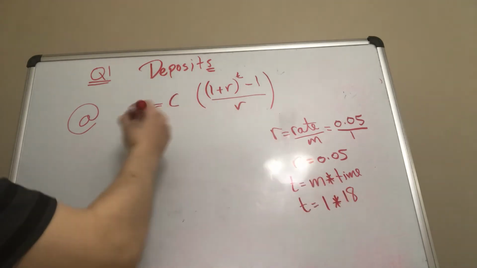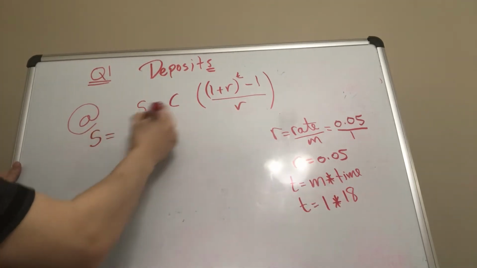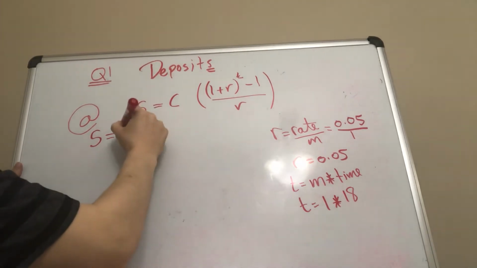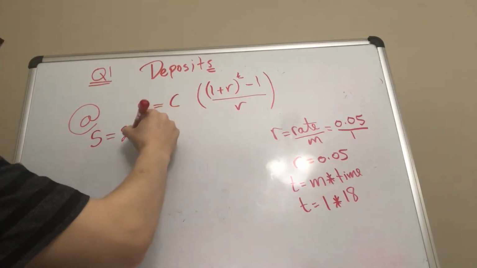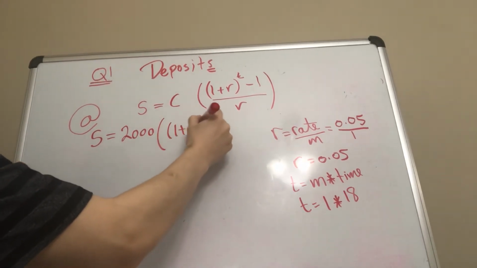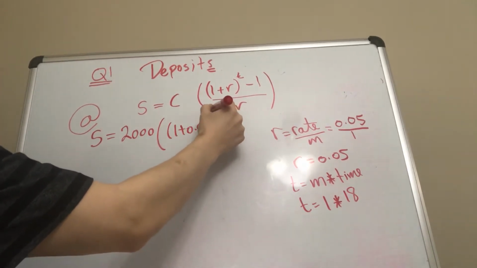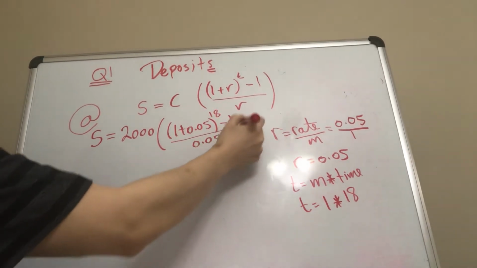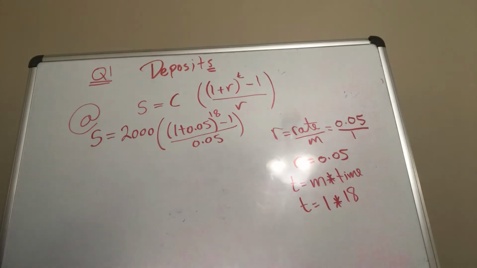So we put everything together. C would be the amount that they're investing, and that's 2,000, times (1 plus the R, which is 0.05) exponent 18, minus 1, over 0.05. So it's just a calculator.